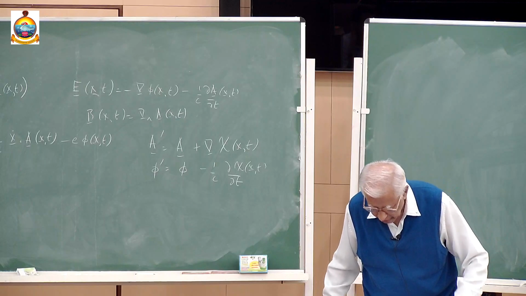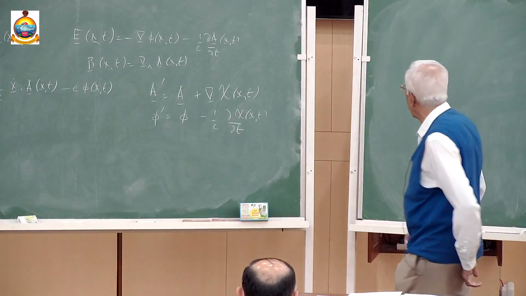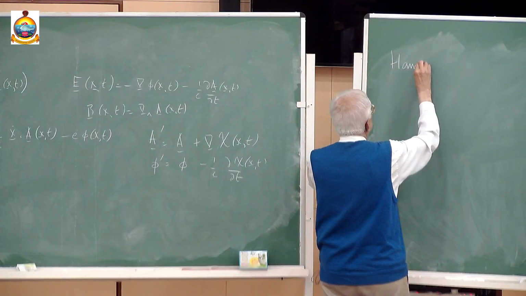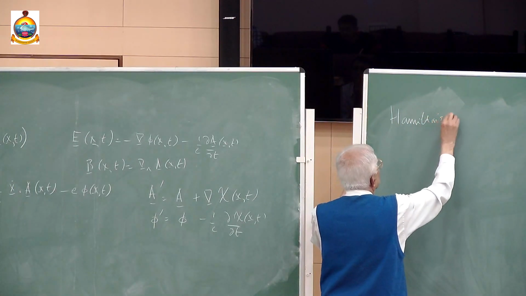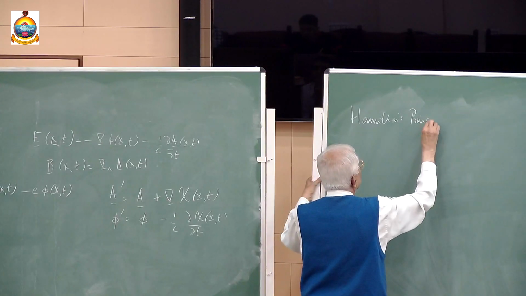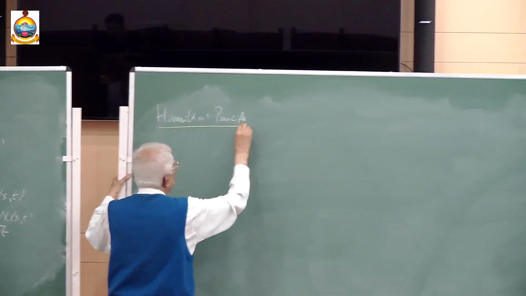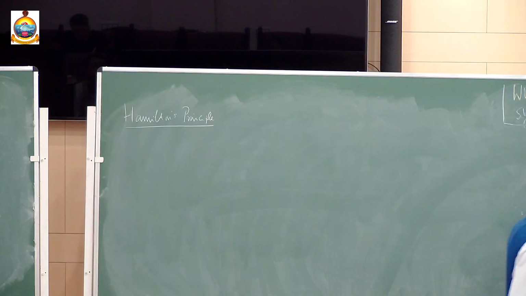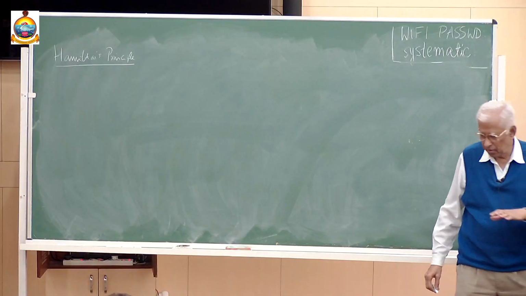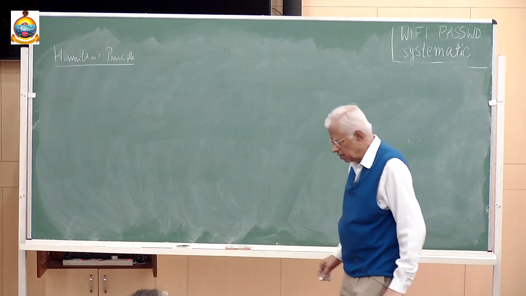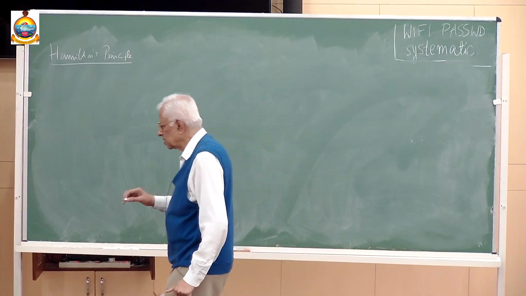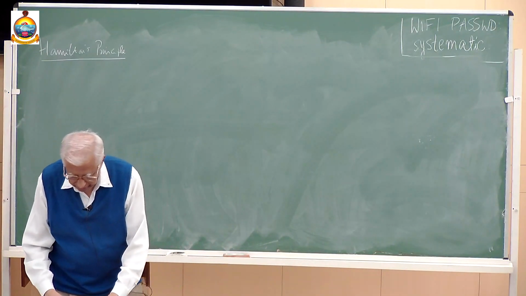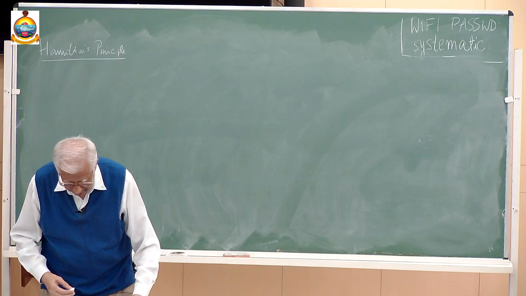Okay. Now, I come to the important concept of the Hamilton principle. As I mentioned yesterday, there were attempts during the 18th century to write down some kind of variational principles to derive the Newtonian equations of mechanics.